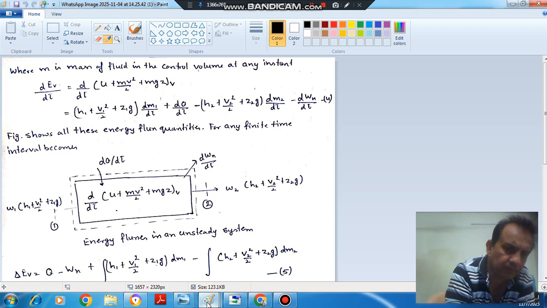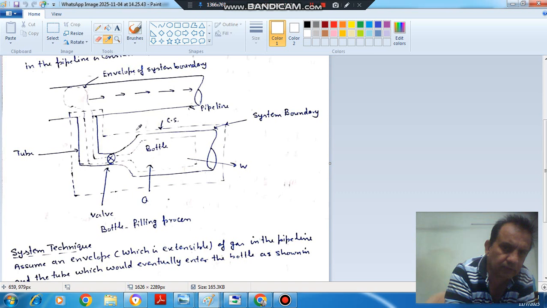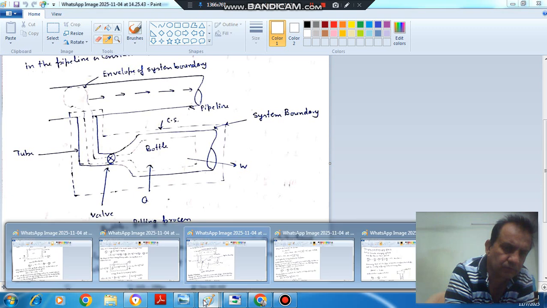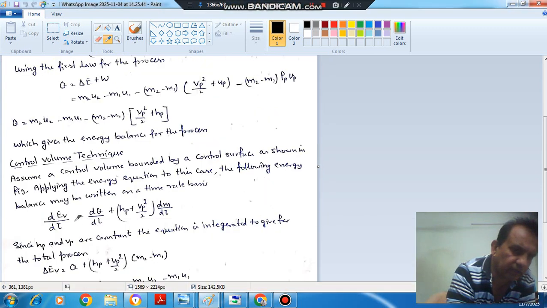If we consider this as the control surface or control volume, there is no change in volume. So it becomes dEv by d tau equals dQ by d tau plus (hp plus Vp square by 2) dm by d tau.